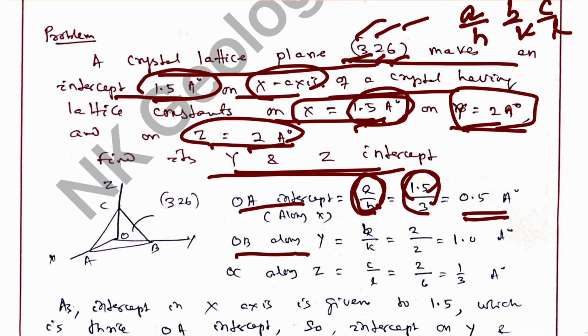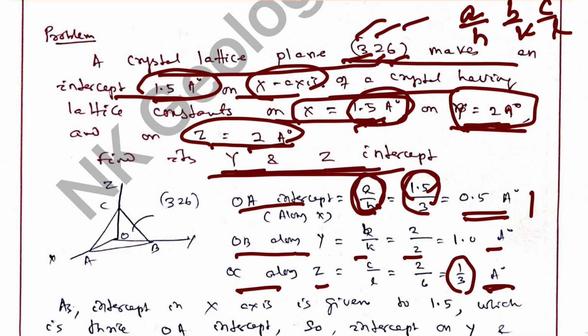In OB along y, we have to find out along y and z. So if we take these lengths, we get 1 angstrom, and along OC for z, it will be 1/3 angstrom.